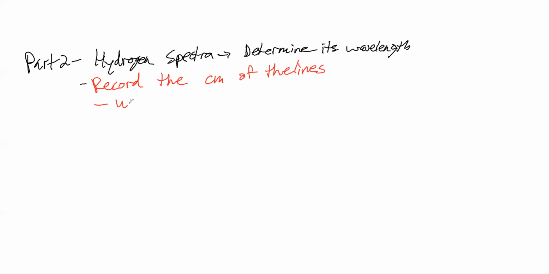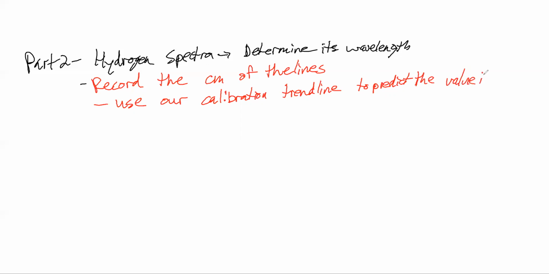We're going to use our calibration curve, or really our trend line, to predict the value it should be in nanometers.